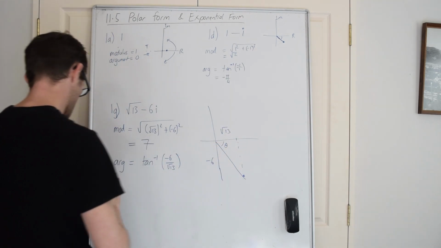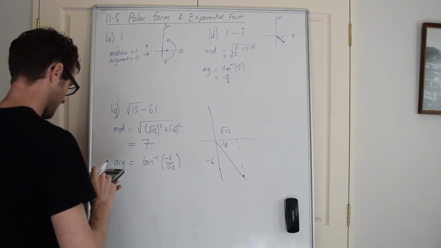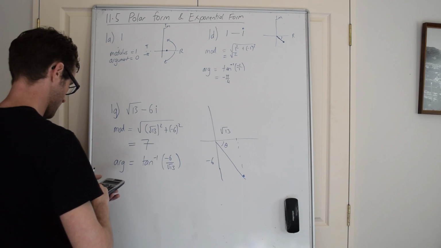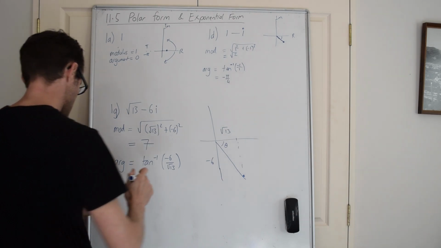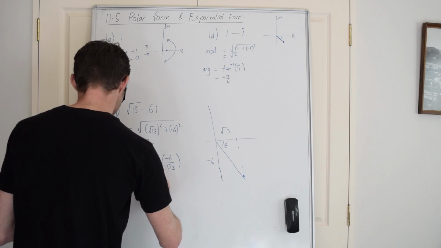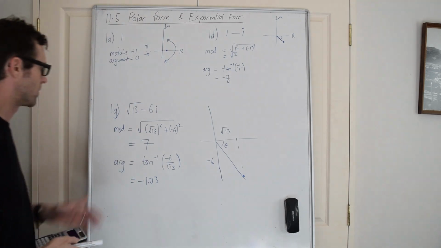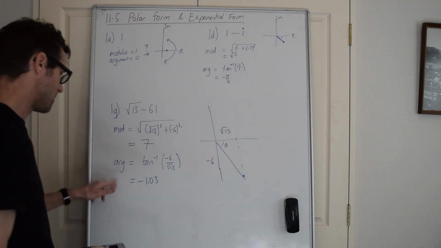Now let's just put that in the calculator. Inverse tan of minus 6 all over square root 13. This is giving me negative 1.03 to 3 significant figures. So modulus is 7, argument is minus 1.03.